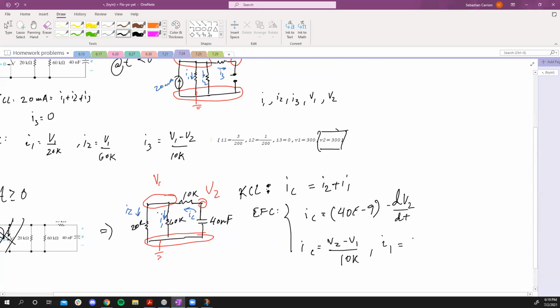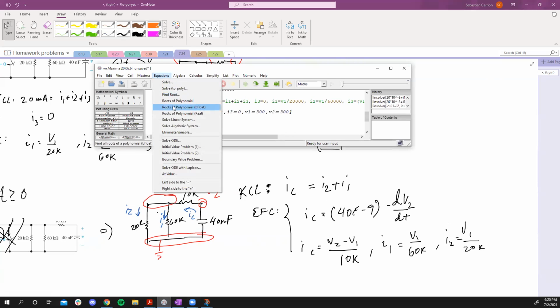I1 is equal to V1 over 60K. I2 is equal to V1 over 20K. Right. And I think we have 5 equations.